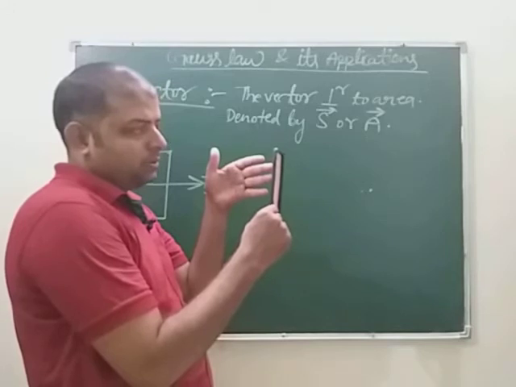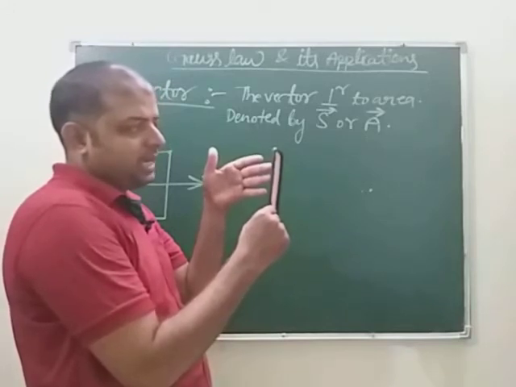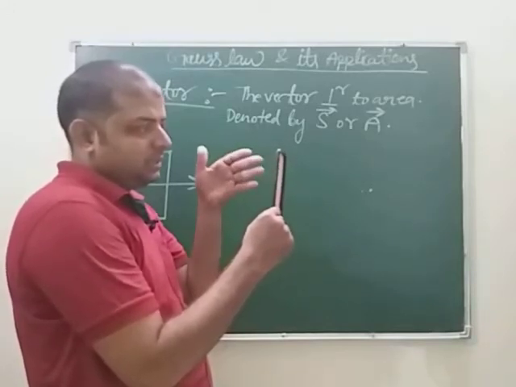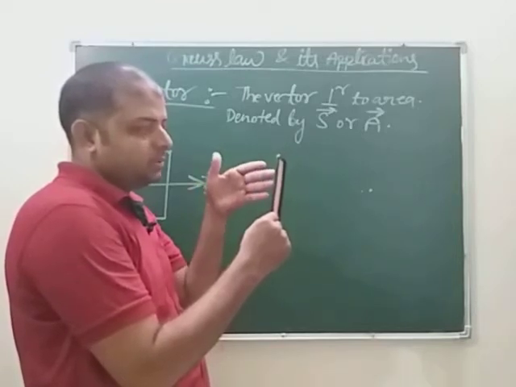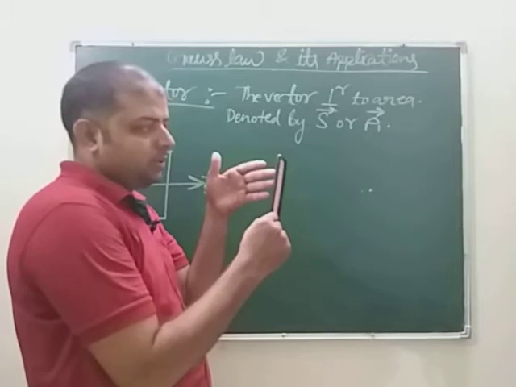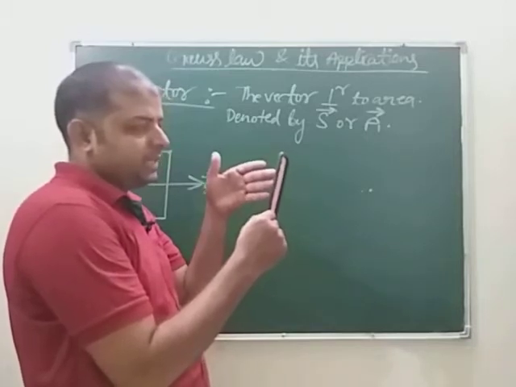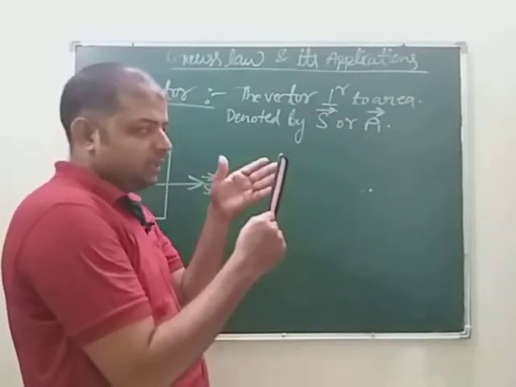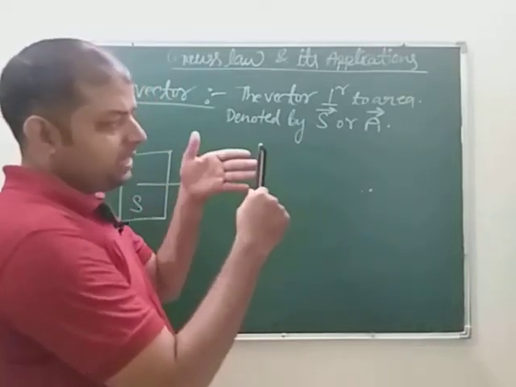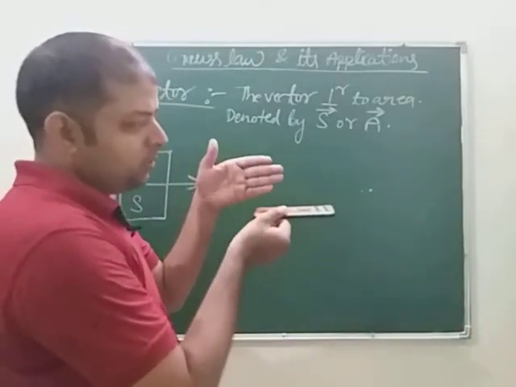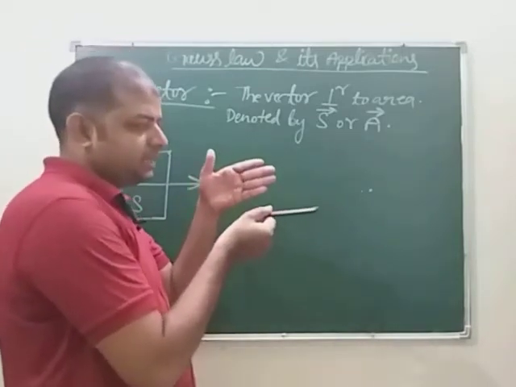Now, how many electric field lines pass through this area depends on the inclination of the area with respect to the electric field. If the area is like this, all electric field lines will pass through it. Now I take the area like this.